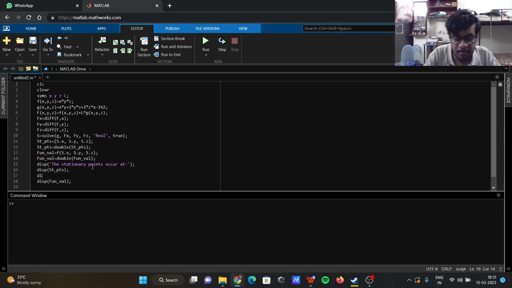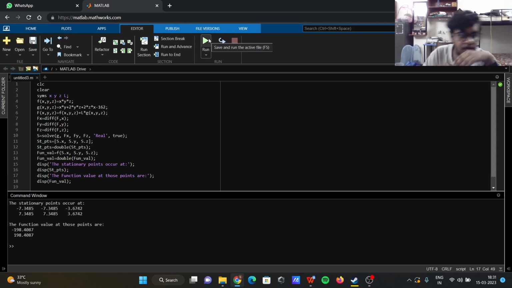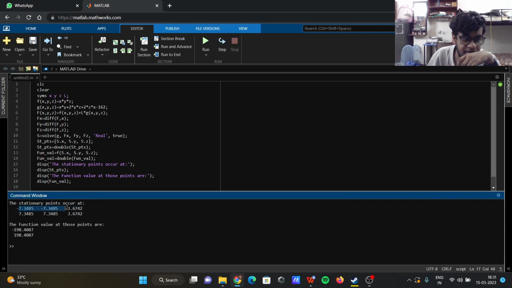The stationary points occur at these points, and the function value is this.